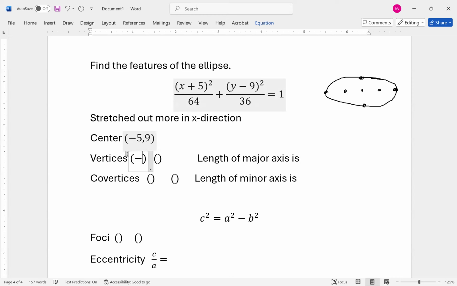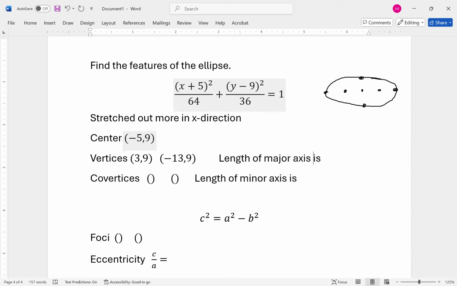So I'm going to take the -5, 9, and add 8 to the x value. And then I'm going to take the -5, 9, and subtract 8 from the x value. -5 plus 8 becomes a 3. -5 minus 8 becomes a -13.